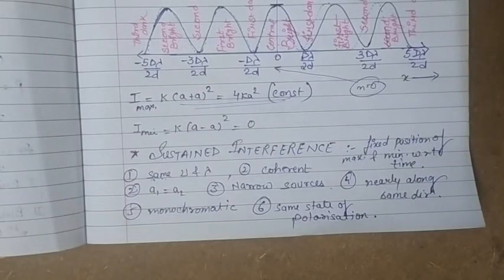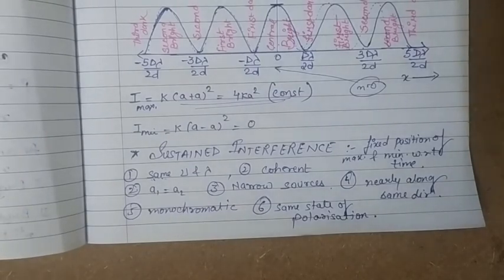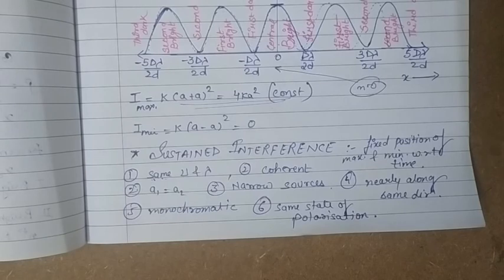Since we define interference as the redistribution of energy, there is no addition or subtraction of energy, or I should say no creation or destruction of energy. The energy for the whole system, the whole setup, remains the same; it is just redistributed at different locations in different amounts. Initially the amount was different for different points.